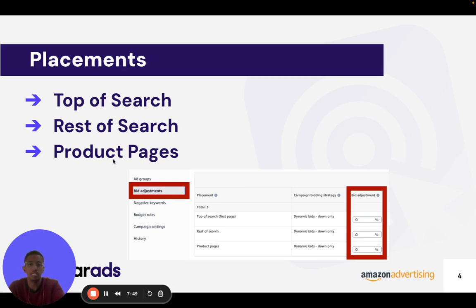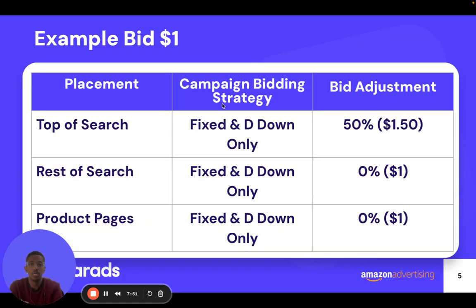So ensuring you have a good structure is really, really important. So again, to give you an example, if we went with the fixed or dynamic down only options in terms of the bidding strategy, if we were to put a 50% increase on the bid adjustment for top of search, and we had an example of $1 that you're prepared to pay per click, then on top of search, you could pay up to $1.50.